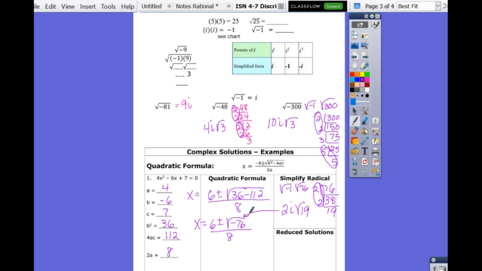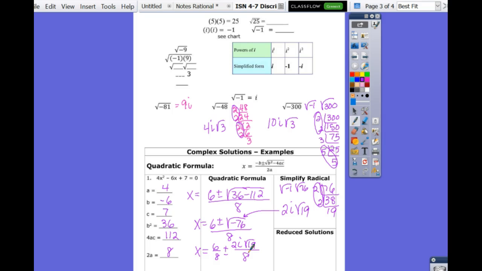I'm going to take the simplified radical and put it in for the square root of negative 76. And when I do that, I'm going to separate the two so I can reduce it. So the first one, I'm going to get 6 over 8 plus or minus 2i times the square root of 19 over 8. I just separated so I could reduce them.